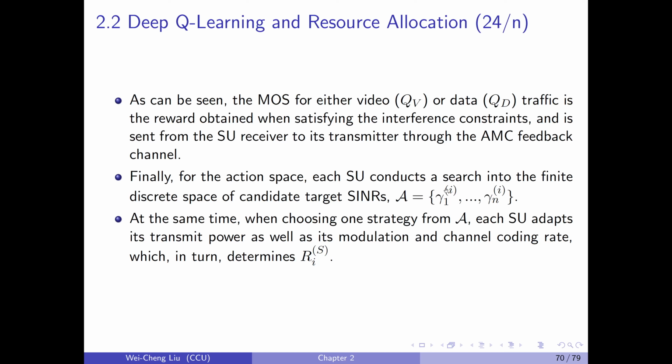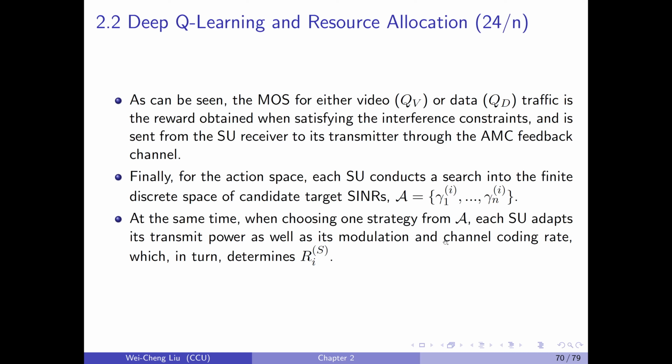When choosing one strategy from this set A, we have small n choices. Each secondary user adapts its transmit power as well as its modulation and channel coding rate.